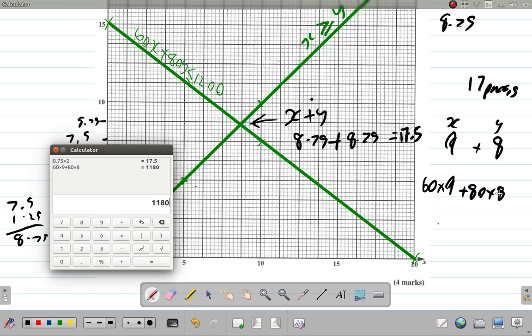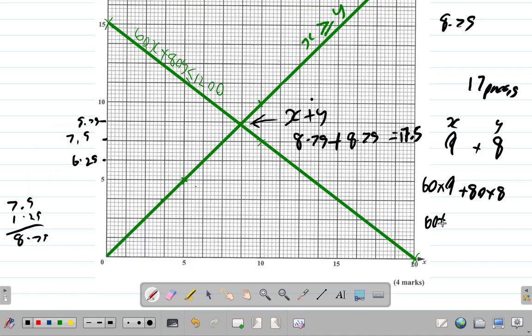Could the person buy 18 phones? Let's see. If they buy 18 phones, 60 times 9 plus 80 times 9, because then they buy an equal number of x and y phones.